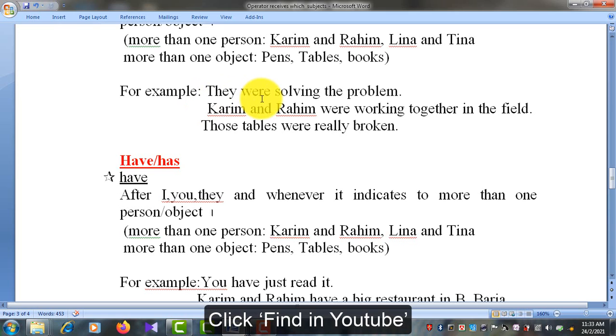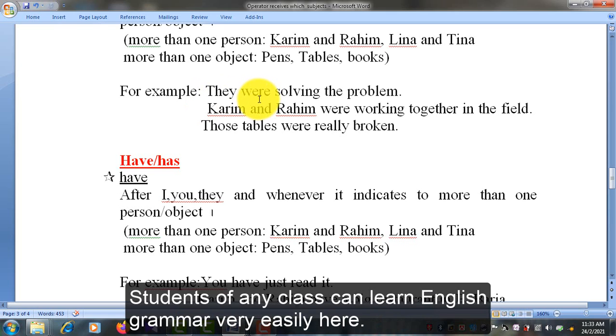Look at the example. The operator where is used after the subject they. Another example, Karim and Rahim were working together in the field. Look at the example. Here the two persons, Karim and Rahim, are used before the operator where.